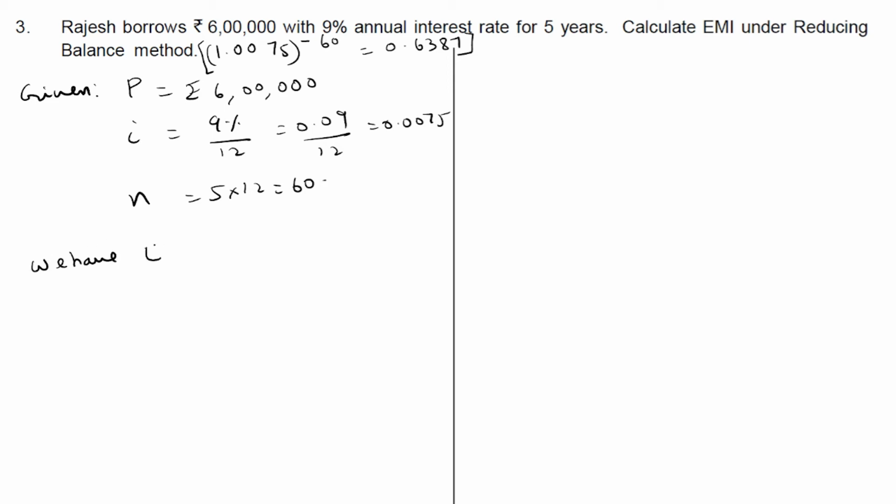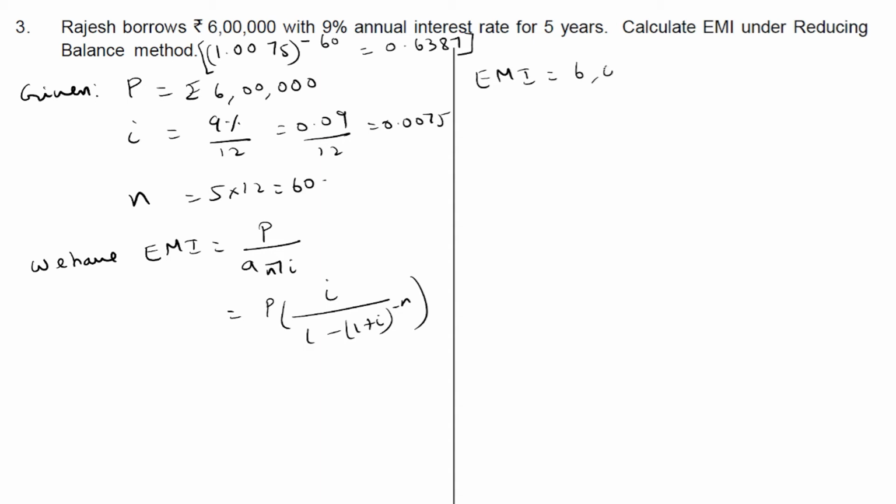Now we have the formula. EMI is equal to P upon present value annuity factor for n number of periods and I rate per period, or it is equal to P into I upon 1 minus 1 plus I the whole raised to minus n. Now let us substitute the values and find the answer. So EMI is equal to P is 6 lakhs into I is 0.0075 upon 1 minus 1 plus 0.0075 the whole raised to minus 60.